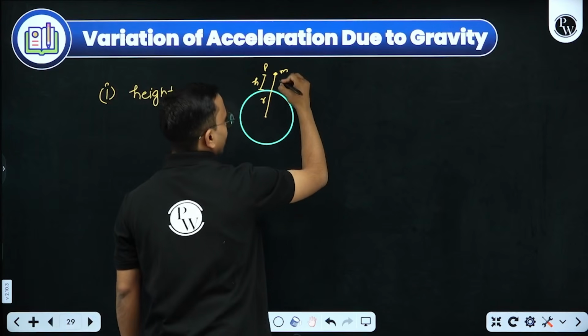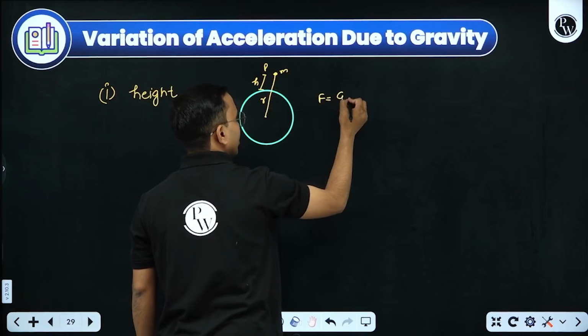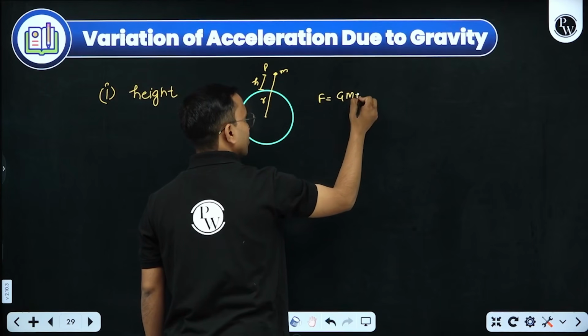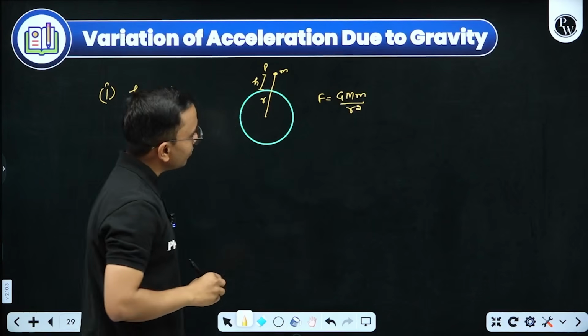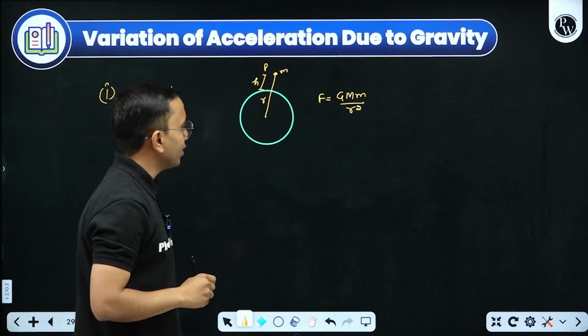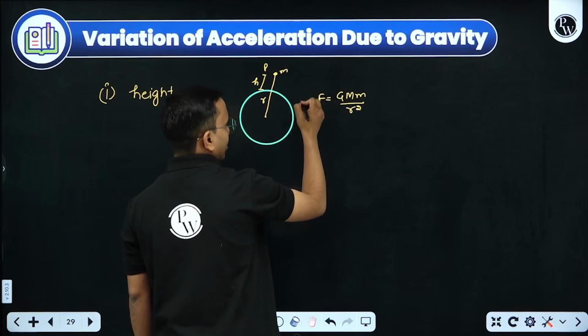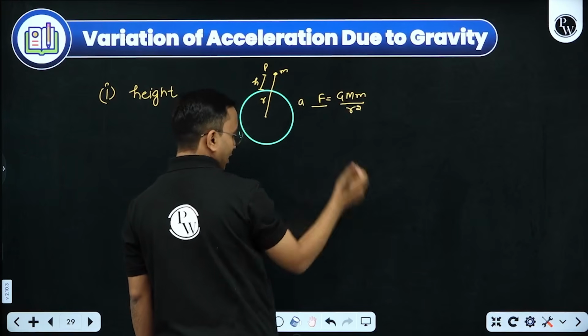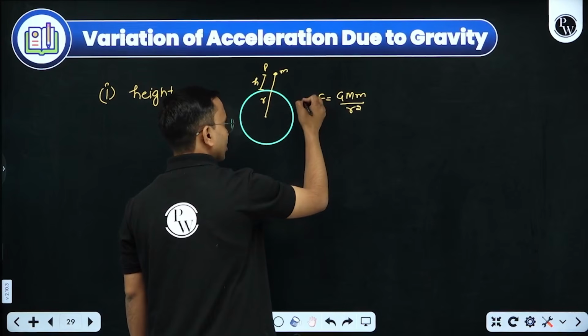You'll see that force F, towards the center, will be G into mass of Earth into mass of the object divided by the distance square. In terms of height, if I write this formula, let us write first the acceleration. Acceleration will be F by m. That is my acceleration. I am taking this acceleration as g dash.